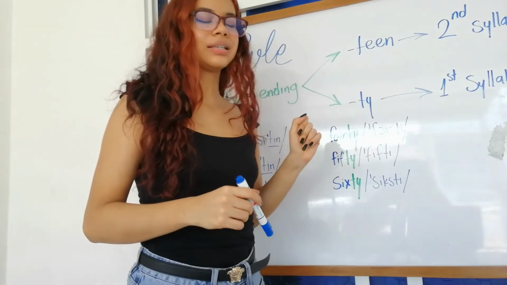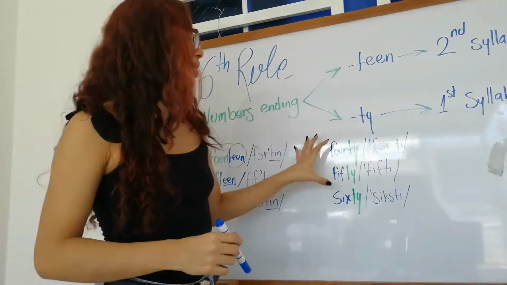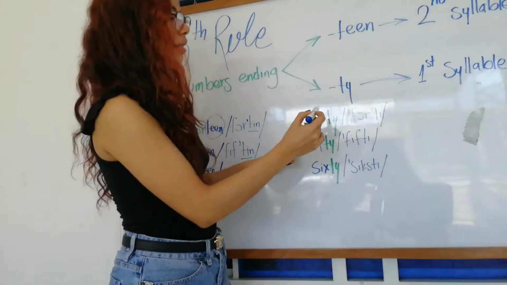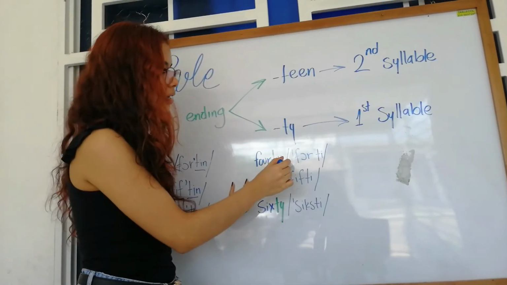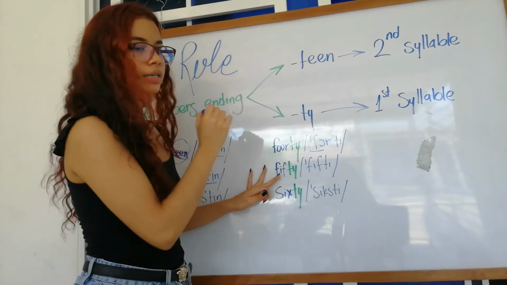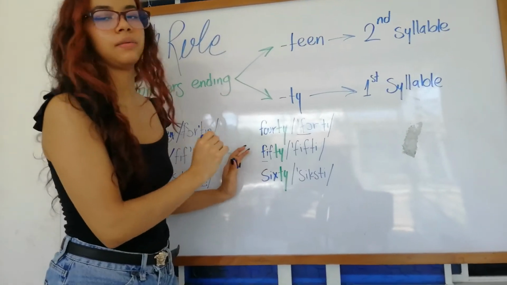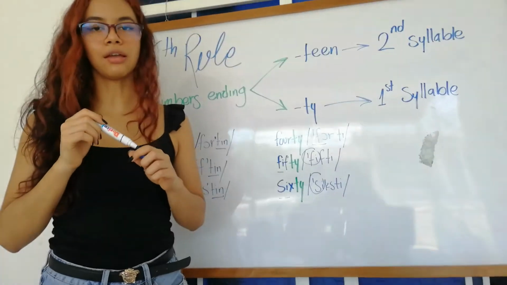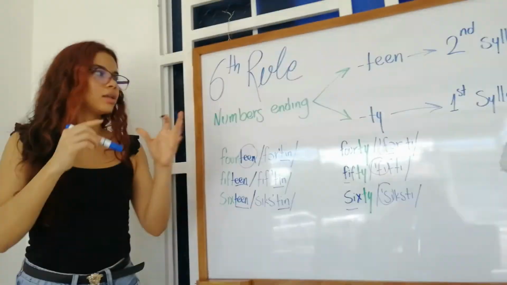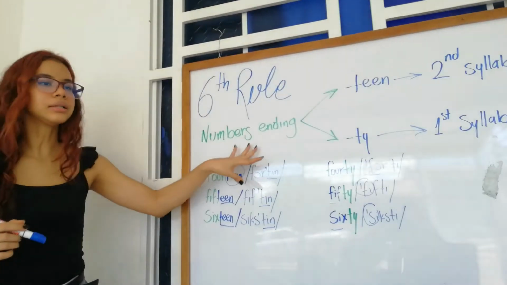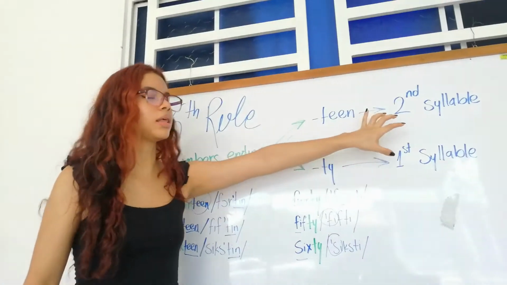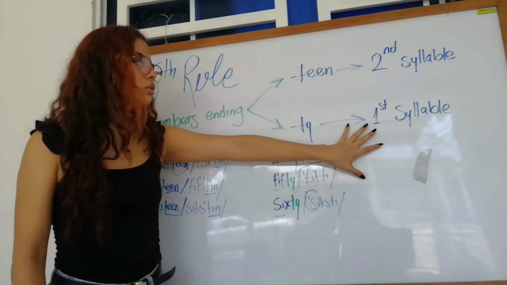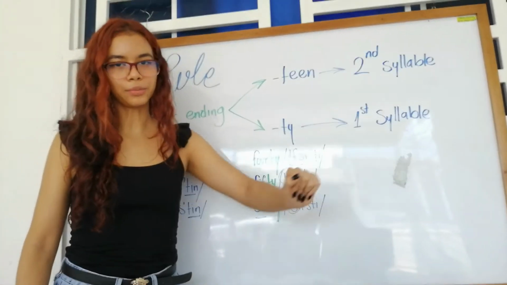With the number endings of TY, the stress is going to be in the first syllable. We got here the apostrophe right here in 40, 50, and 60. Right here is the stress or the emphasis when you're pronouncing those words. Now, this is the sixth rule. With the number ending in teen, the stress is in the second syllable, and with the ending TY, the stress is in the first syllable.